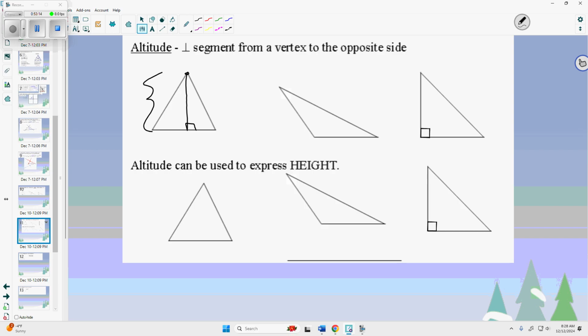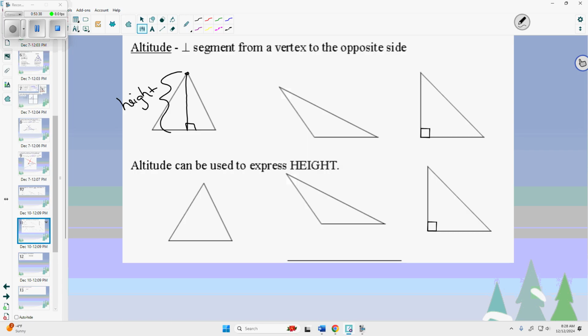One half base times height, or base times height divided by 2. Taking half of something is dividing by 2. So you're used to seeing this as a height. Altitude is just another word for height. The height of a triangle.